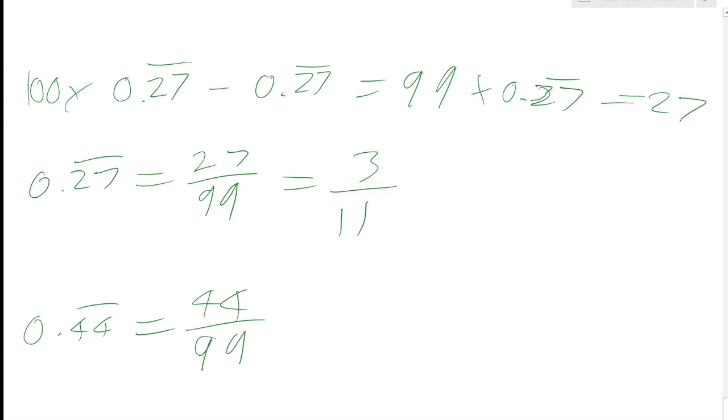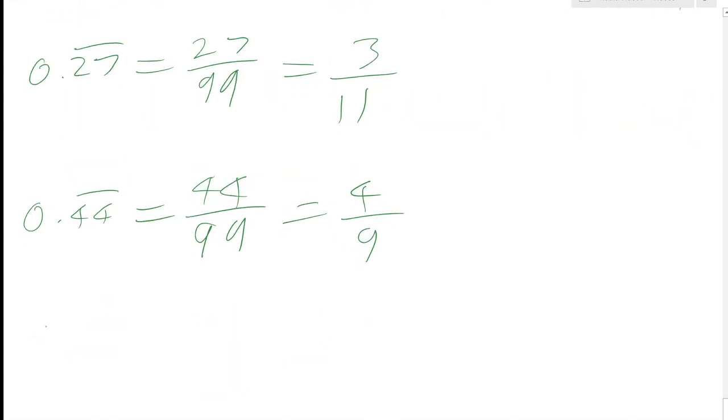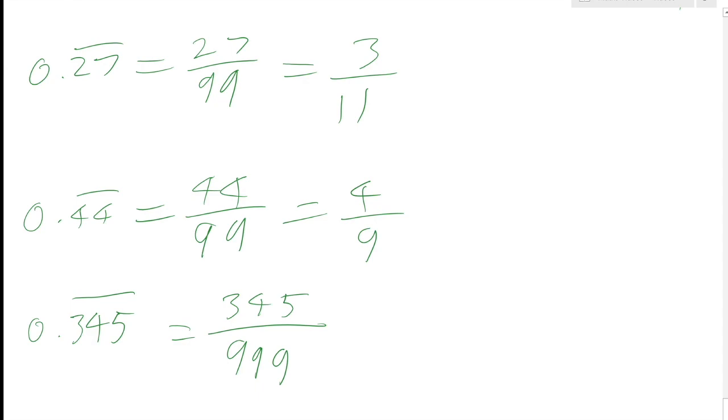You factor out the 11, you get that is 4/9. And finally, 0.345 through the same process you would get equals 345 over 999. Then common factor of 3 is going to equal 115 over 333.